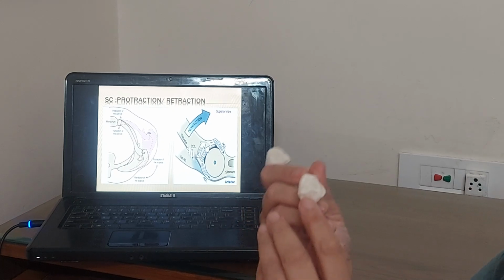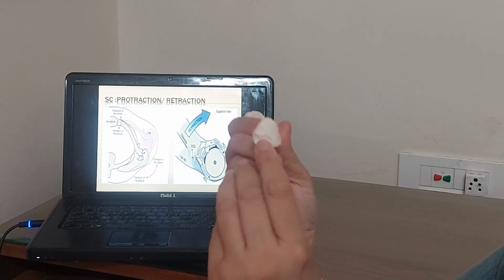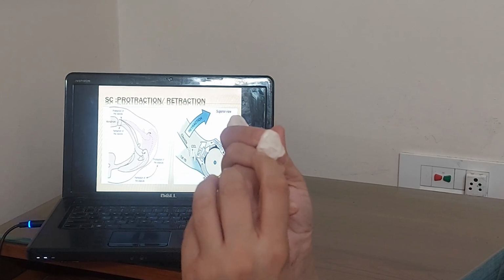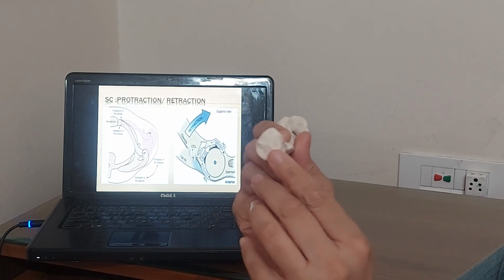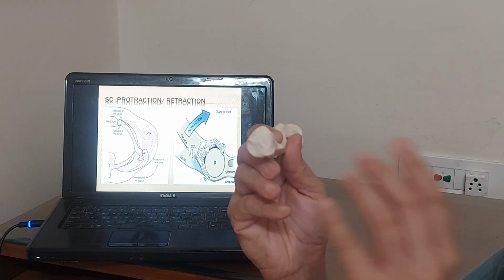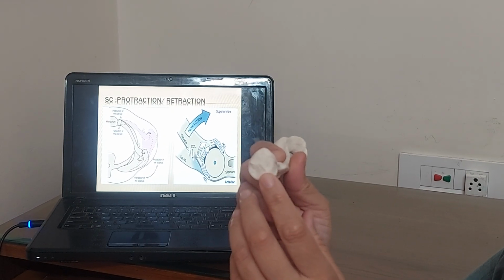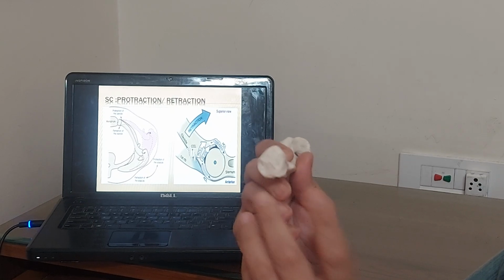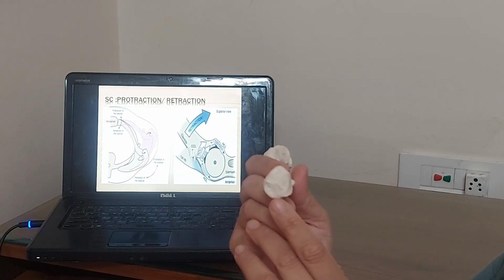Now herein the concave part of the clavicle, and this is a convex part. If you can see it properly, this is a convex part and this is a concave part. The concave part of the clavicle moves on the convex part of the manubrium sterni. Here osteokinematics is same as arthrokinematics, or in other words the arthrokinematics is same as the osteokinematics. Fine.